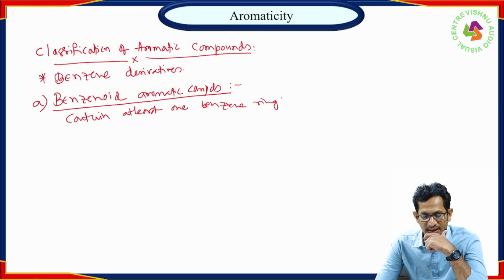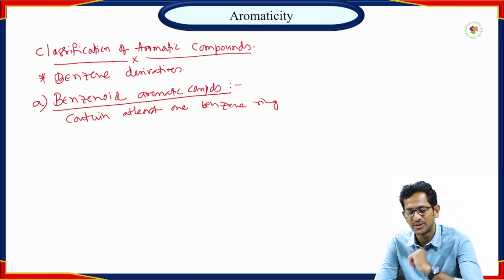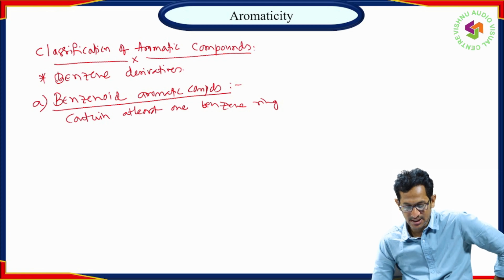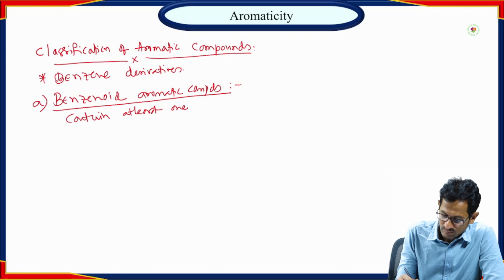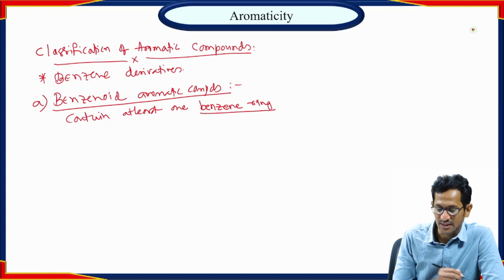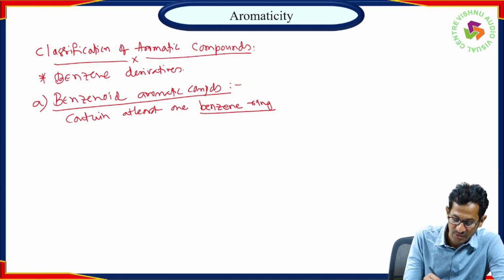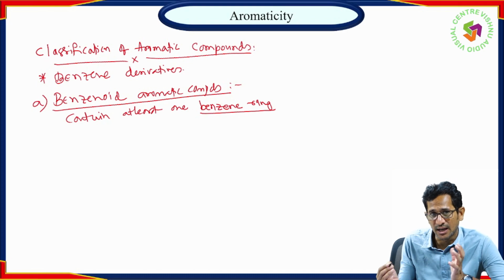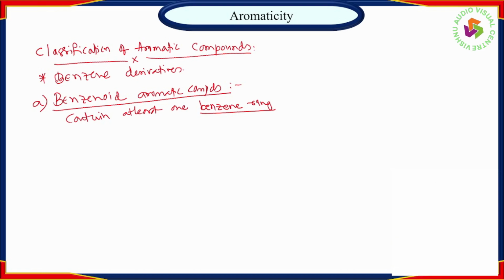A class of aromatic compounds which contains at least one benzene ring. Those are called benzenoid aromatic compounds. The benzene may exist as an isolated benzene ring, or as more benzene rings, I mean 2-3 benzene rings fused.